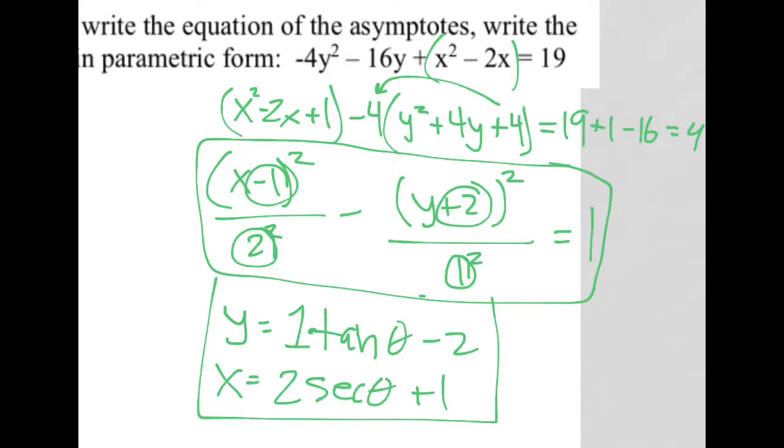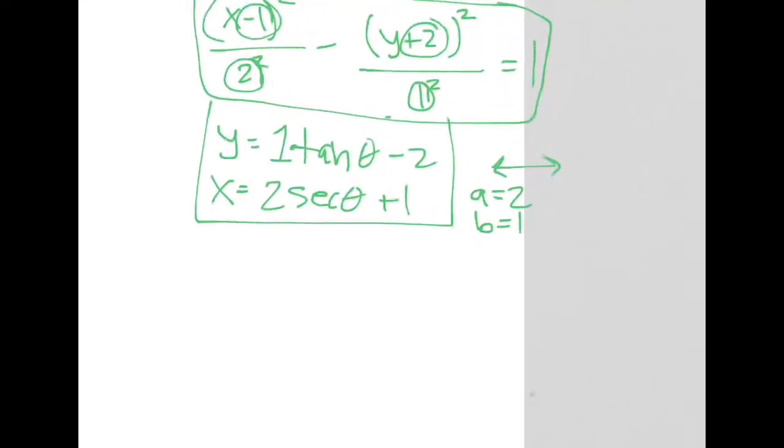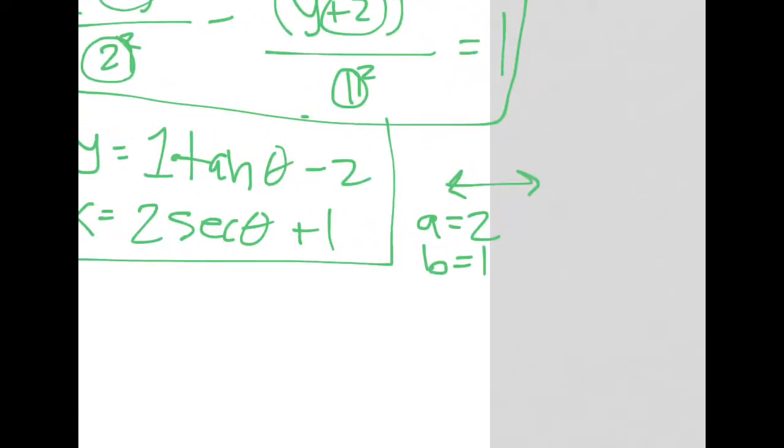Again, x is now positive. That means that this hyperbola is horizontally oriented, which tells me that a equals 2 and b equals 1. And we need to find our foci, so let's find c. Remember that c squared equals a squared plus b squared. So c squared equals 4 plus 1 is 5, and so c equals the square root of 5.